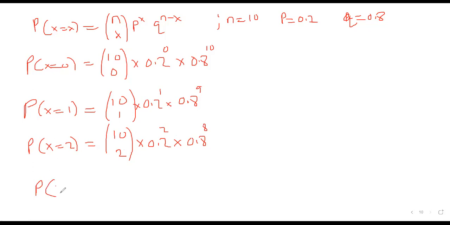Lastly, the gents, x is equal to 3. What do we write? 10 combination 3. Then here 0.2 and 0.8. What comes on the 0.2? 3. Correct. And what comes on the 0.8? 7. Excellent.